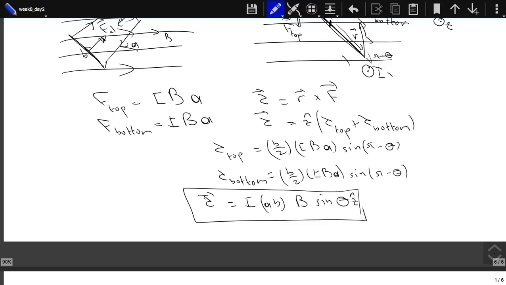So it's almost like a vector product. If you remember the vector product, the magnitude of a vector product is the product of the magnitudes of the vectors multiplied with sine of an angle, and the vector product is perpendicular to both of the vectors. So here we have a vector tau, which looks like a vector product. It is perpendicular to B. It has some sign. But we are missing the second vector. So let's invent it.